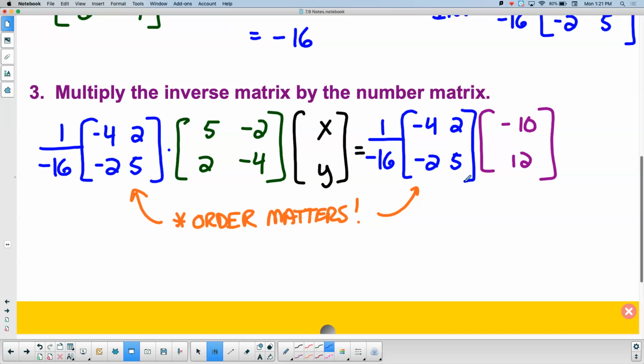Now, we'll see who was taking some good notes back on Thursday. When I take a matrix and I multiply it by its inverse, what do I get? Any matrix multiplied by its inverse. What do we get?